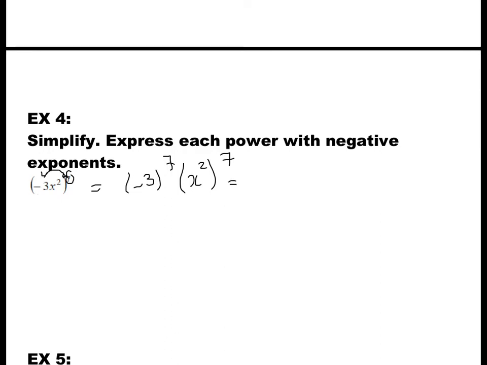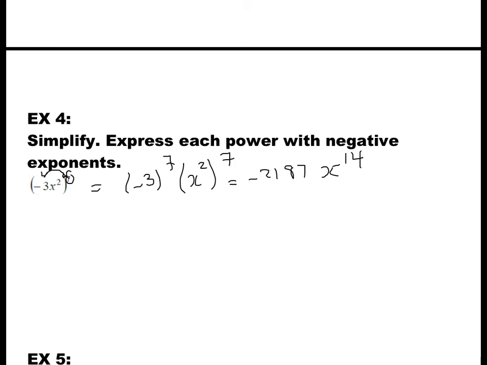Now, can somebody tell me what is negative 3 exponent 7? 2187. So it's negative 2187 times x exponent. What do you do when you have power to power? What do you do with the exponents? You multiply exponents. So 2 times 7 is going to give you 14.